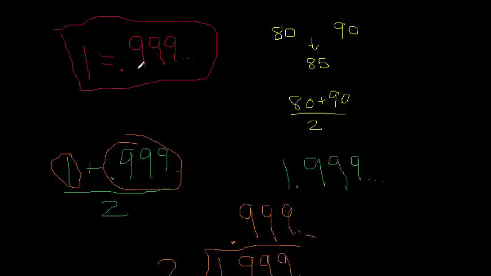Just to show you what I mean, we're saying 1 equals 0.9 repeating. This first 9 here is the same thing as 9/10, because it is 9 in the tenths place.